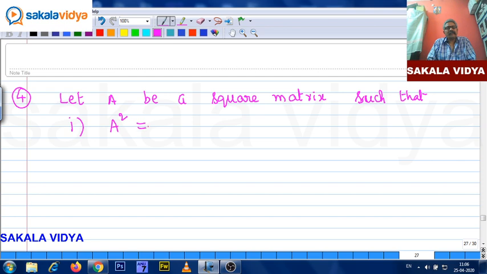If you get A square is equal to I, that means identity matrix, A is called idempotent matrix.